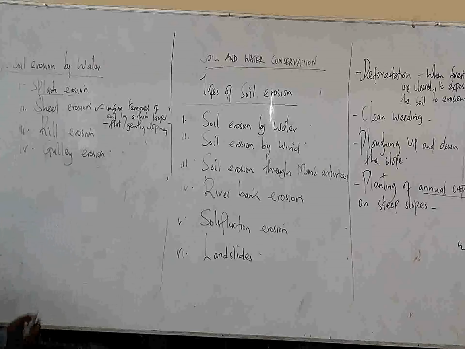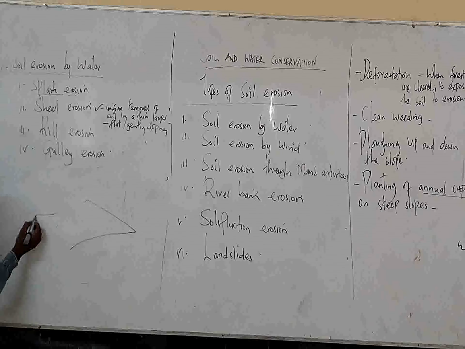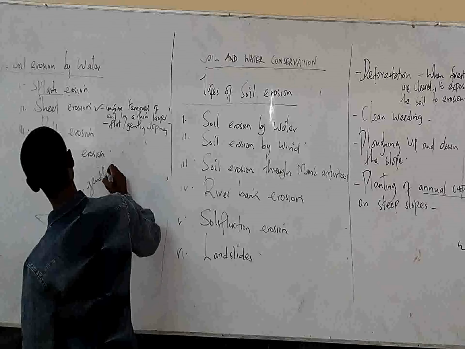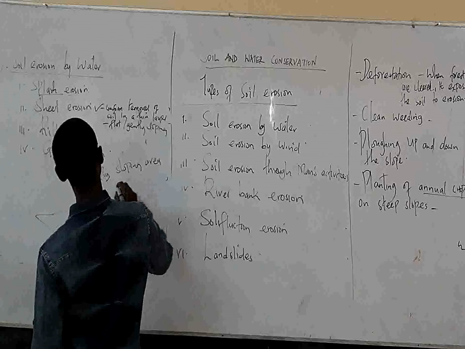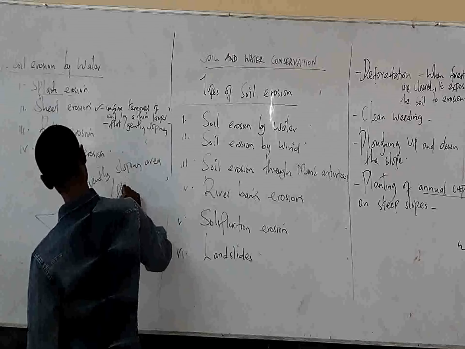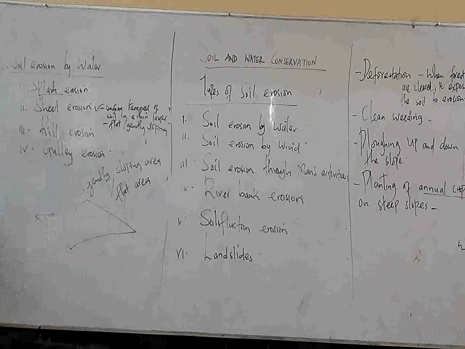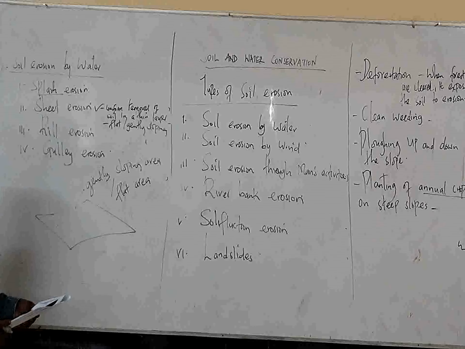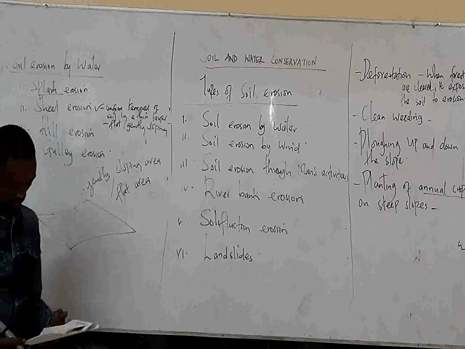So we are going to have an example of sheet erosion. This is a gently sloping area or a flat area. The soil is eroded in a widespread form and the water flows at a slow speed, carrying soil from the top layer.